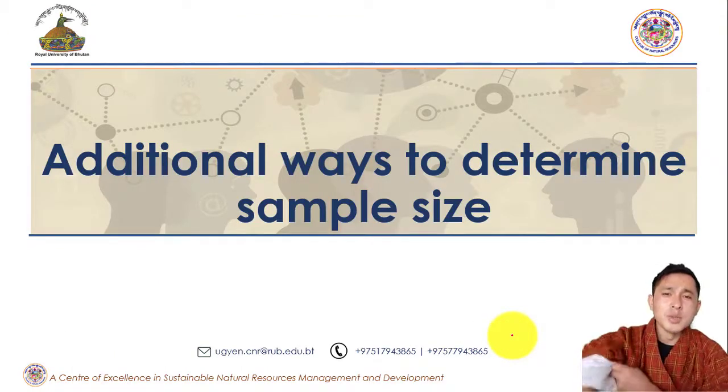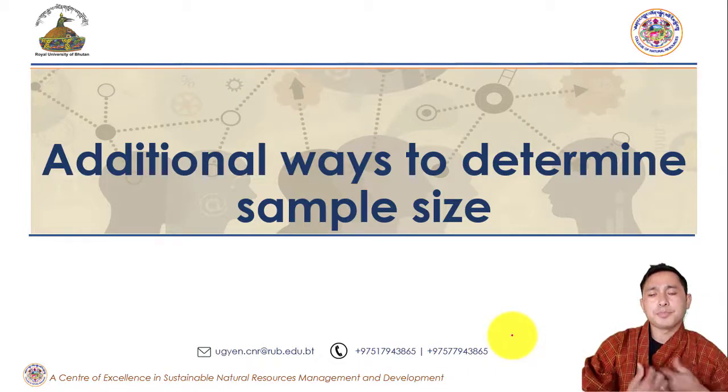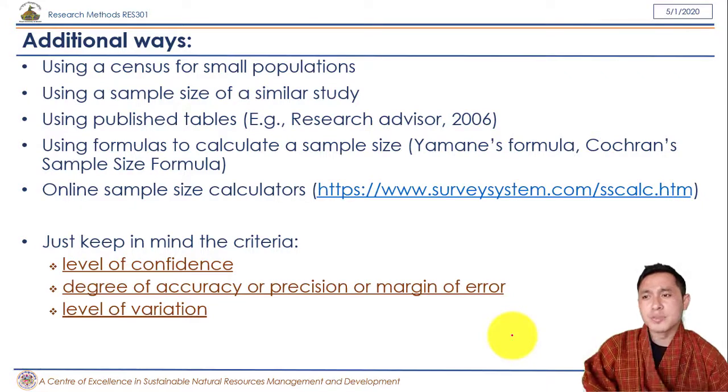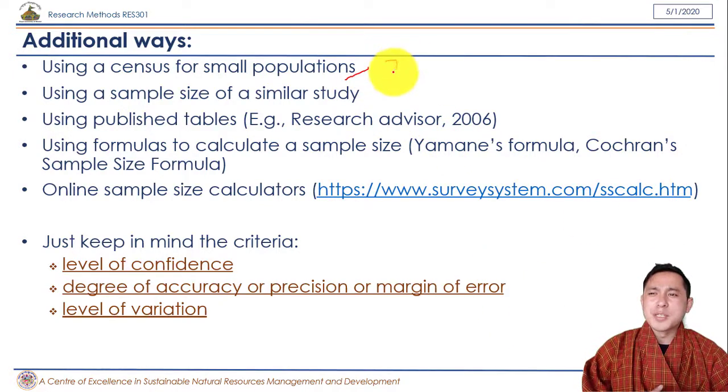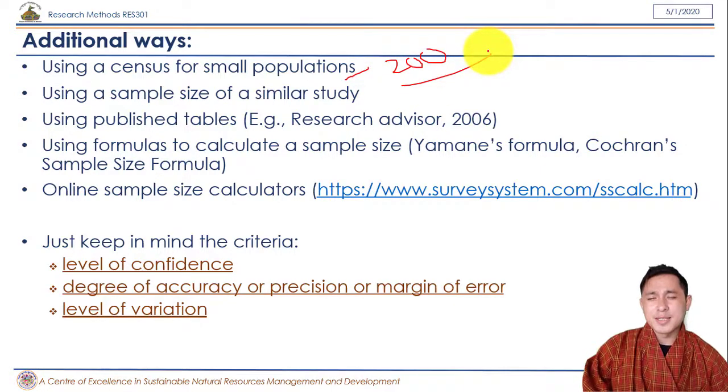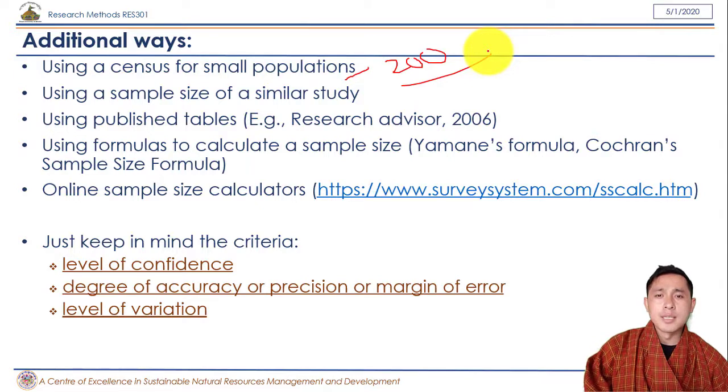But there are different ways to determine the sample size, and let's look at the different ways. If you do not like that standard formula that you just saw, and if you have a very small population, let's say 200 individuals or 200 respondents, or a very small study area, let's say you are just looking at a 1 hectare study site, in that case I recommend you to take the census survey, or surveying all the respondents, because if you survey all the respondents, your margin of error or standard error will be comparatively low.